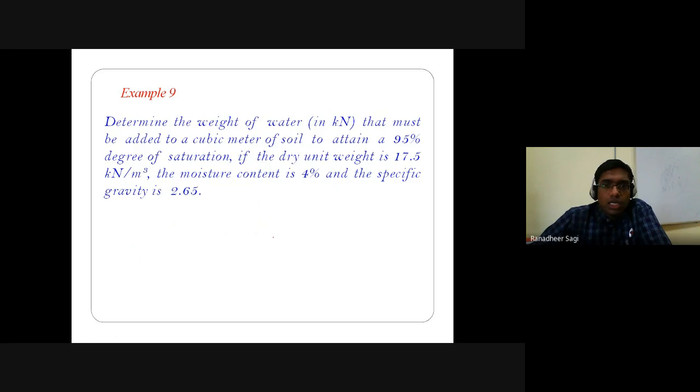Likewise, I have got another problem. You are required to calculate the weight of water that must be added to a cubic meter of your soil.